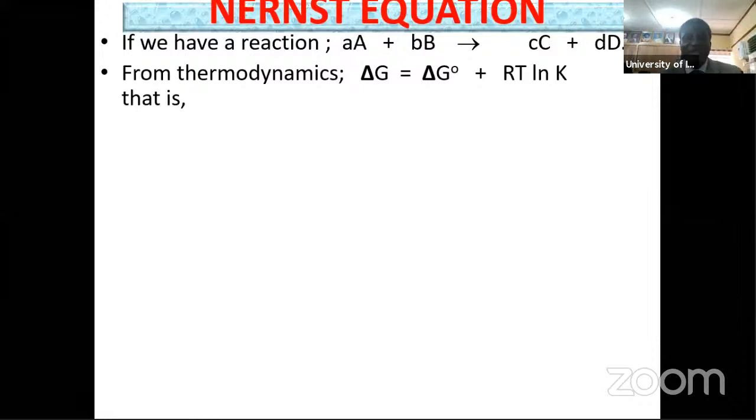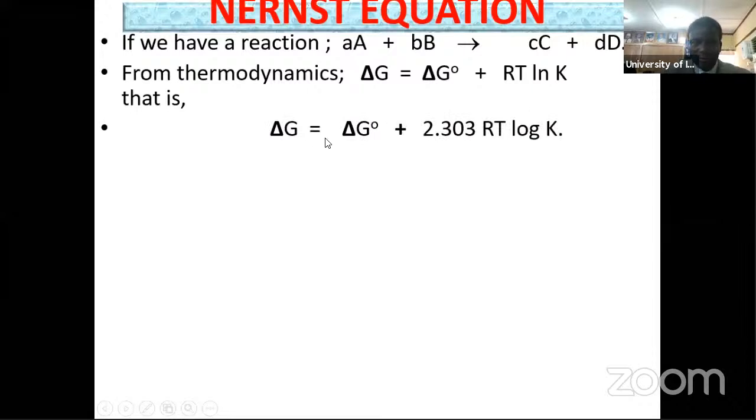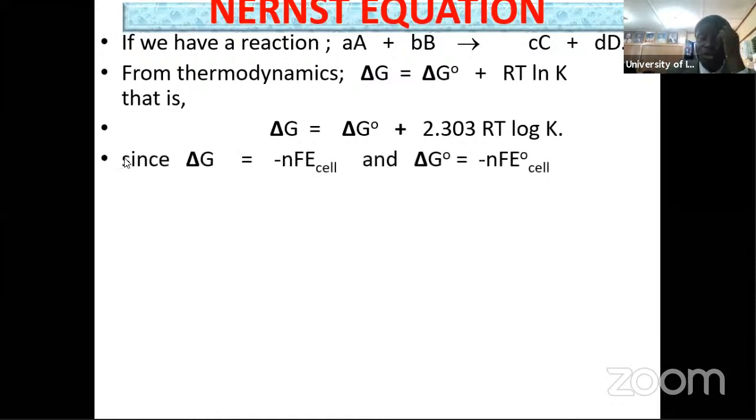Normally, in thermodynamics, delta G will be equal to delta G naught under standard condition plus RT ln K. That is what you have normally under thermodynamics. So based on that, your delta G is equal to delta G naught, if you decide to use log, plus 2.303 RT log K. And we know that delta G will be equal to minus NFE cell.